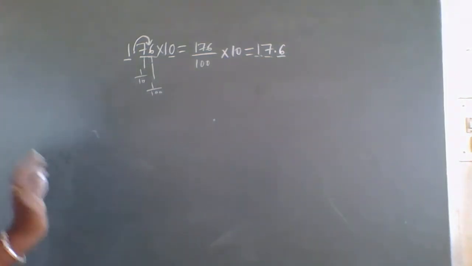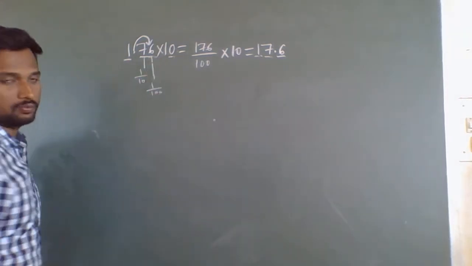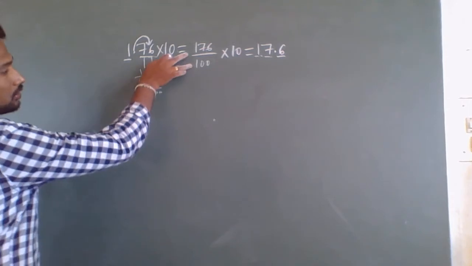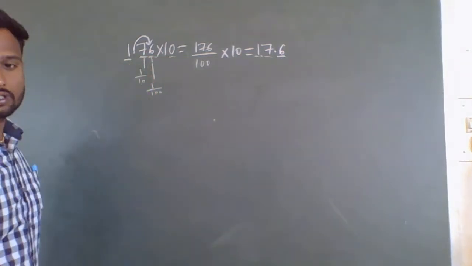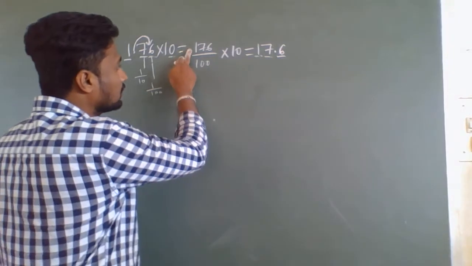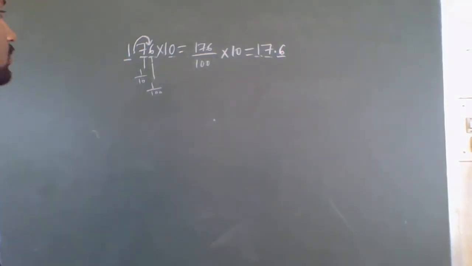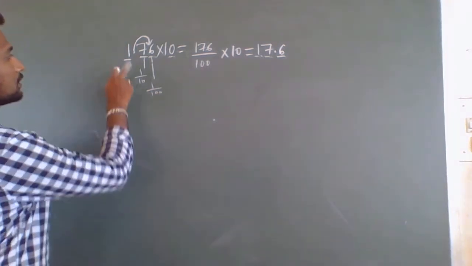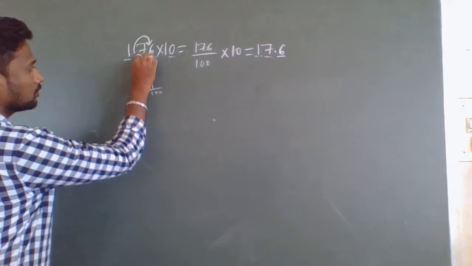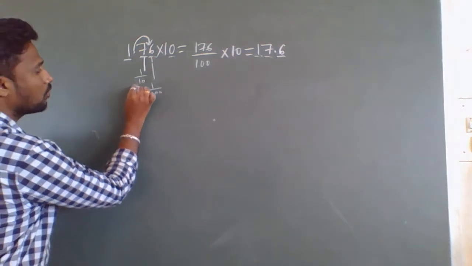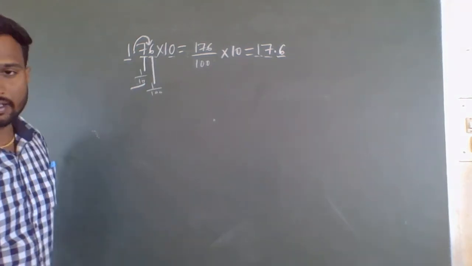Listen carefully to what we did here. 1.76 into 10. First we wrote 1.76 in the form of 176 divided by 100. How to write 176 divided by 100? You can see after the decimal point only 2 digits are there. So this 7 is at the position 1 by 10, and this 6 is at the position 1 by 100.